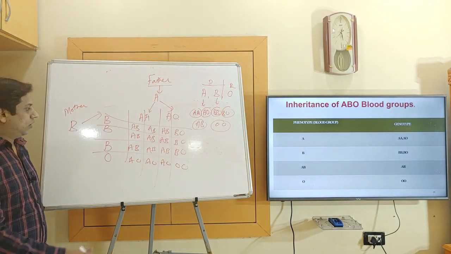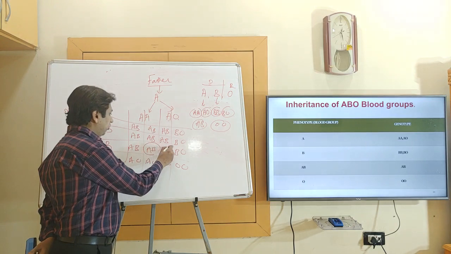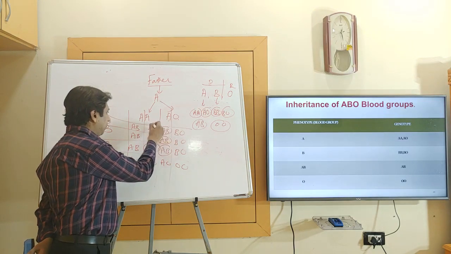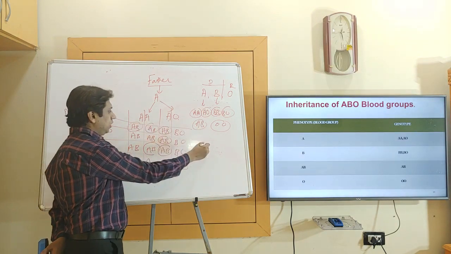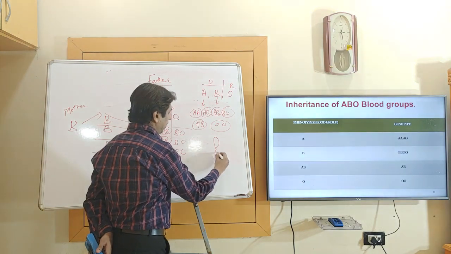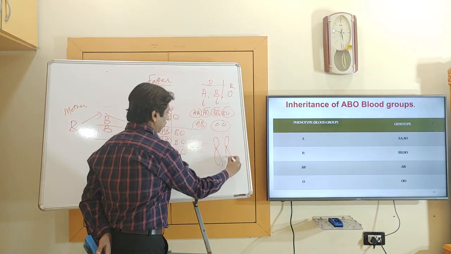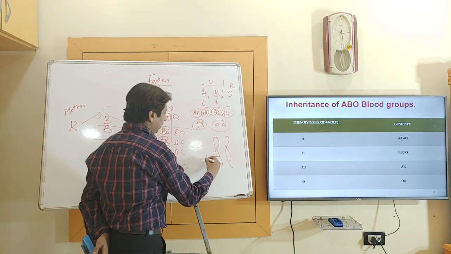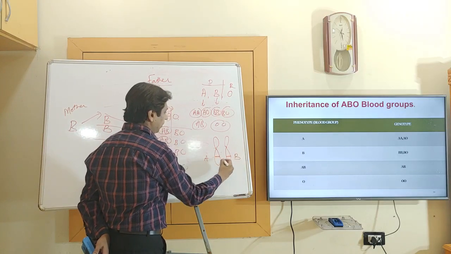The most probable is blood group AB, where one gene from the father at chromosome 9 carries the A gene, and from the mother the B gene.